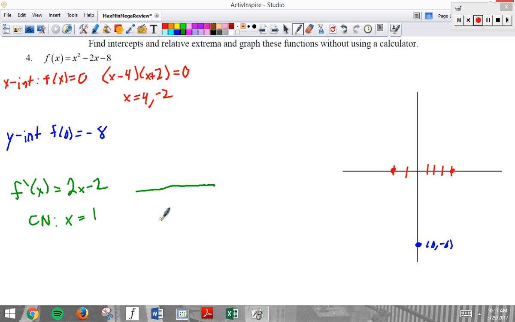Number line: before 1 we got a negative, after 1 we got a positive, so rel min at x equals 1, comma -9. So it's even going to be lower than that. See? That's 1 comma -9.